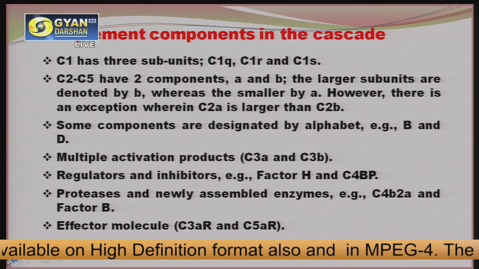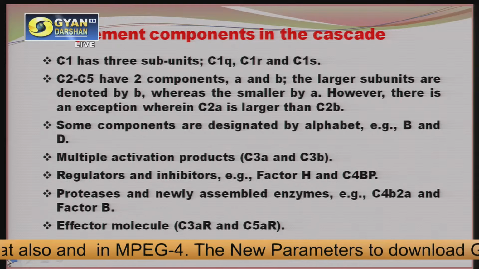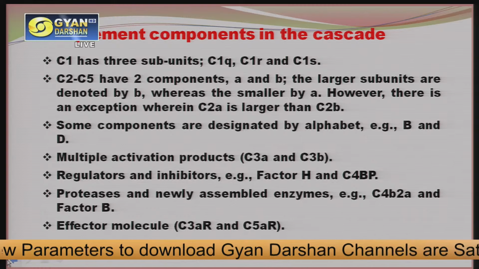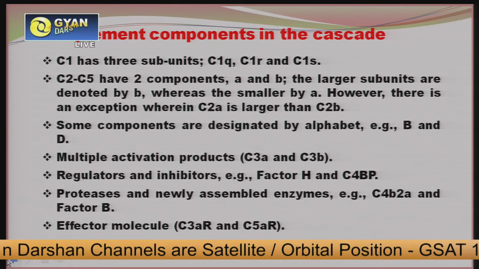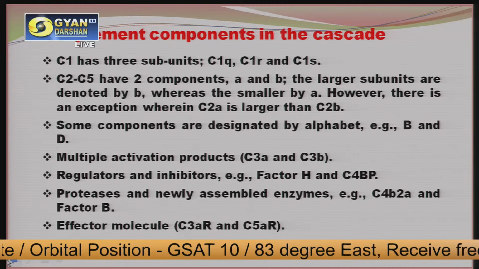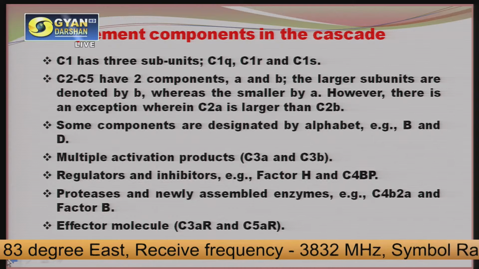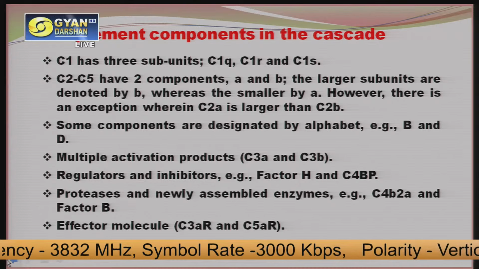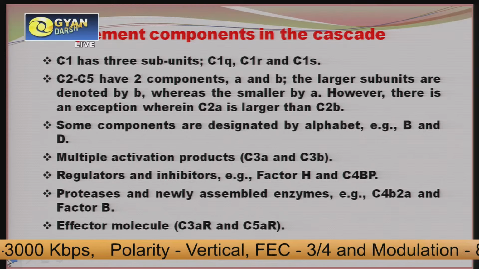C2 and C5 have 2 components, A and B. The larger subunit is denoted by B, whereas the smaller subunit is denoted by A. However, there is an exception, wherein C2a is larger than C2b, and some components are designated by the letters B and D. So there are several proteins, B, D, C, C2, up to C9.